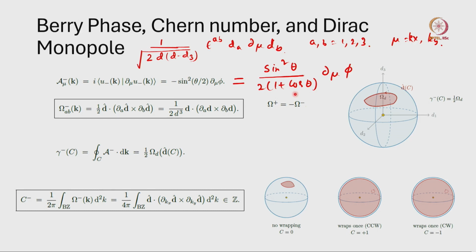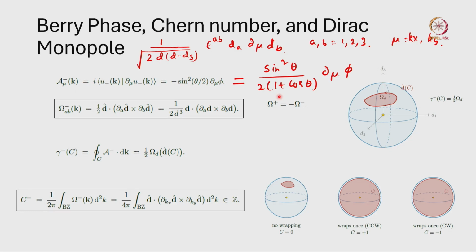Now, you see an interesting part. This is only defined finite when this term is non-zero, and this term is 0 with theta equal to pi. So, that means this cannot be defined in the south pole. So, this is only defined in the north pole.